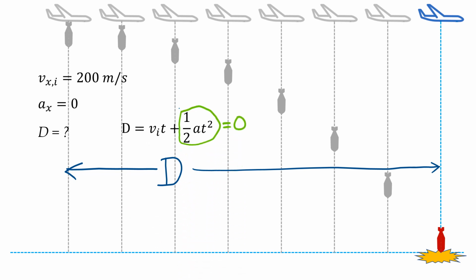Since the acceleration is 0, we are left with distance equal to initial velocity times time. But wait, we do not know the time it took for the bomb from dropping to hitting the target. To find this time, we will have to see the same event of dropping the bomb in the vertical direction. Let us see that and then figure it out.